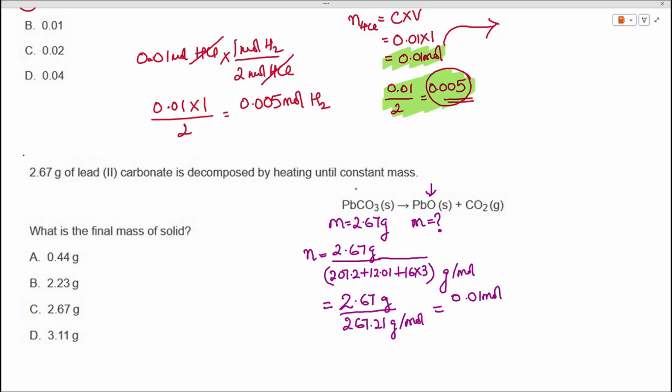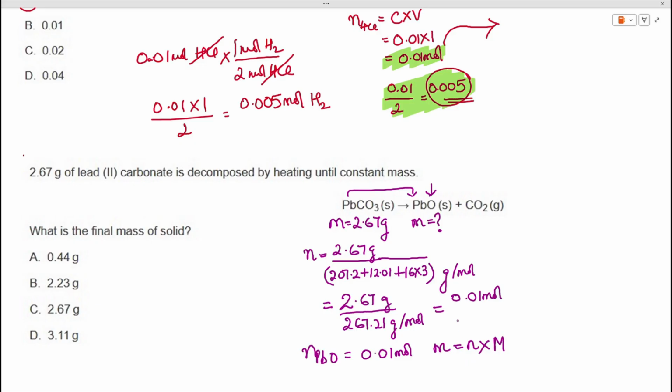Now we've got the moles of lead 2 carbonate, and because the ratio is 1:1, the number of moles of lead 2 oxide will also be equal to 0.01 moles. And now to figure out the mass of lead oxide, we will have to take the number of moles and multiply by the molar mass of lead oxide.